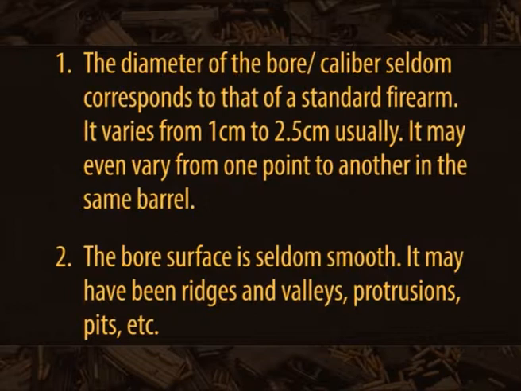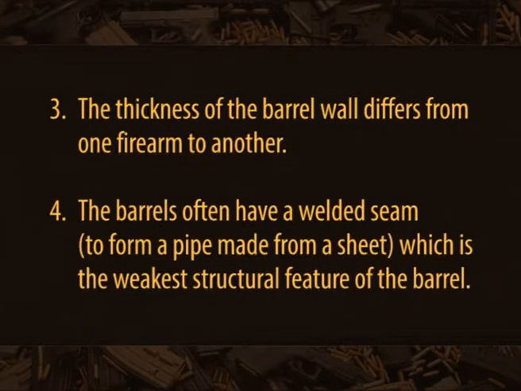It may have ridges and valleys, protrusions, pits, etc. The thickness of the barrel wall differs from one firearm to another. The barrels often have a welded seam to form a pipe made from a sheet, which is the weakest structural feature of the barrel.